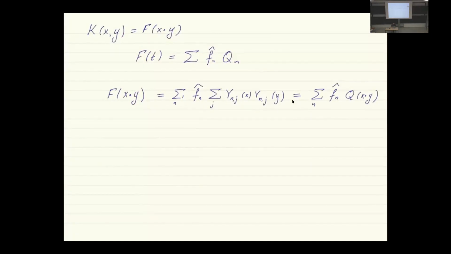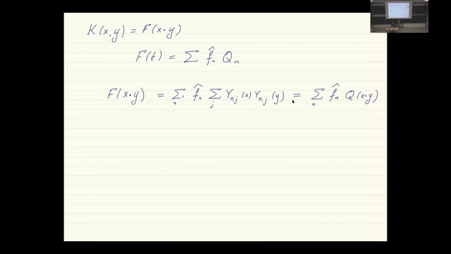And it now becomes clear that the Gegenbauer expansion is compatible with the spectral expansion, because if you write the Gegenbauer expansion of f and then use the addition theorem, you just plug in this expression. Now this becomes exactly the spectral expansion of the kernel that we saw in the theorem. So all these things are very much compatible.